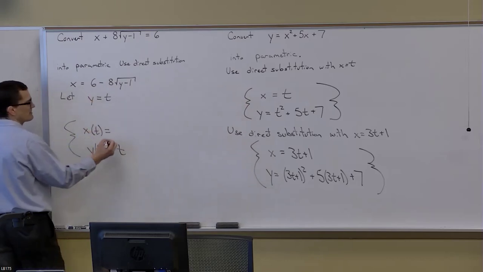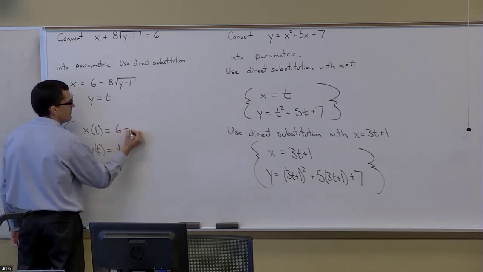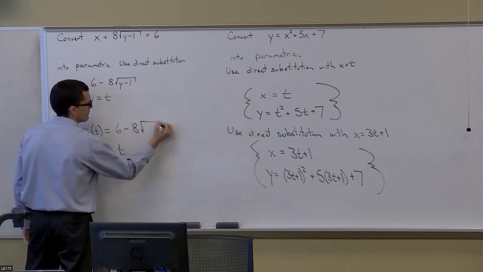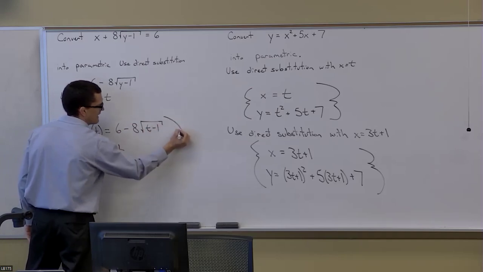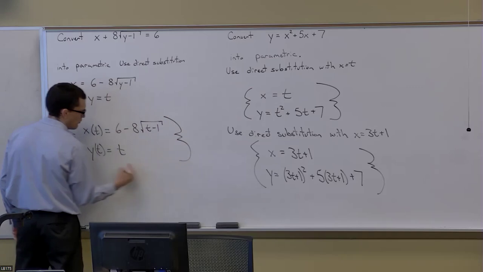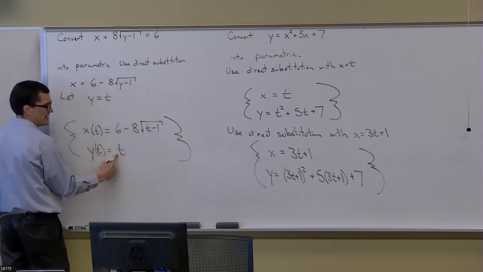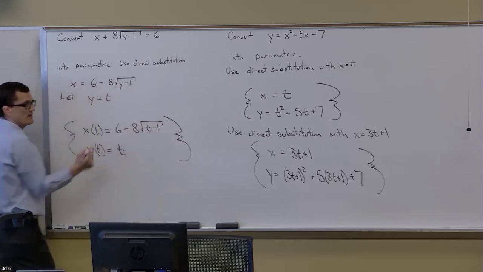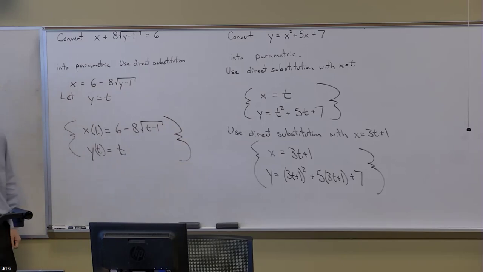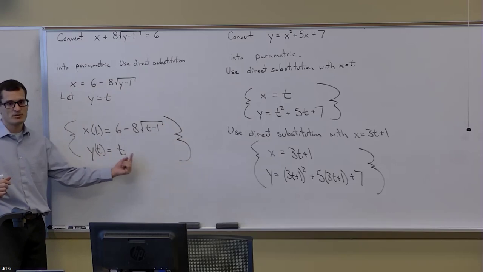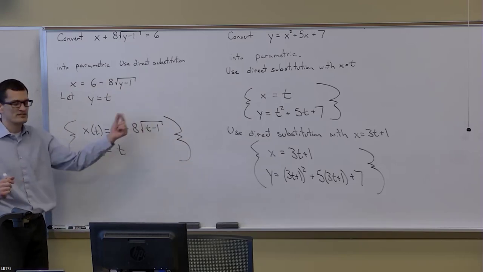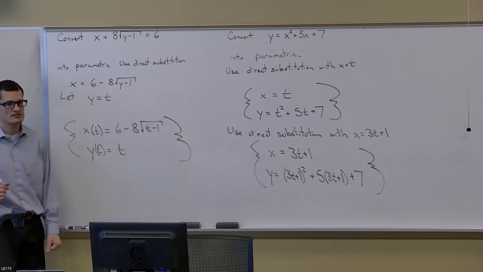And so what's x? x is equal to 6 minus 8 times the square root of t minus 1. And if somebody else wanted to use 7t, well then just replace the y with a 7t. If somebody else wanted to say y is equal to 9t plus 8, replace the y with a 9t plus 8.